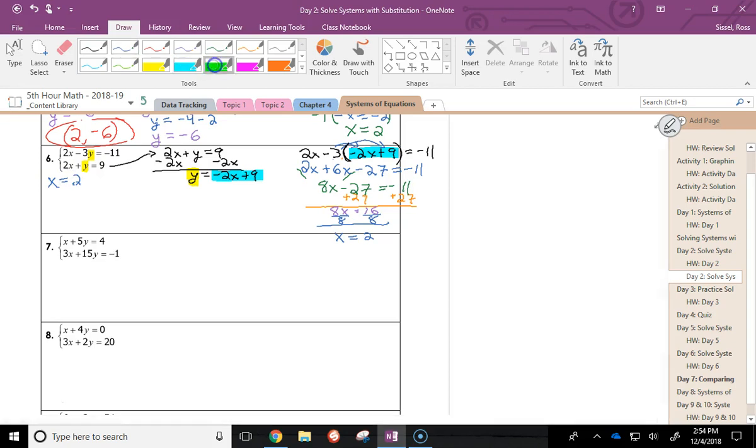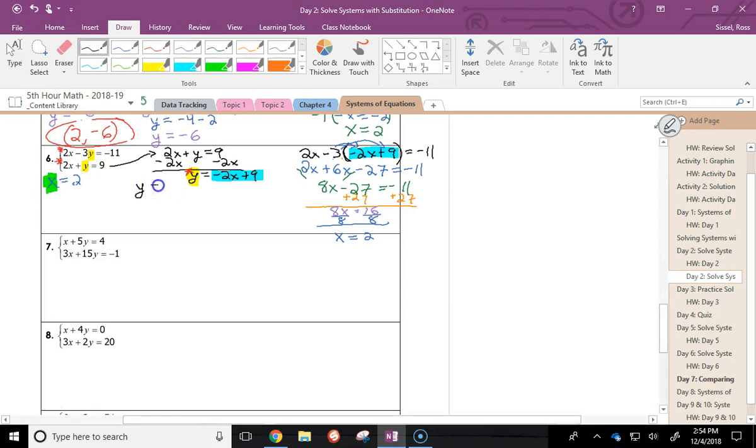I now want to substitute 2 in for x. Once again, I have 3 equations now. When I have to redo it, that's the one nice thing. When I solve an equation, I now have 3 equations to look at. And like before, and like it says in our step 3, usually this revised equation, this y equals negative 2x plus 9, is going to be the easier equation.